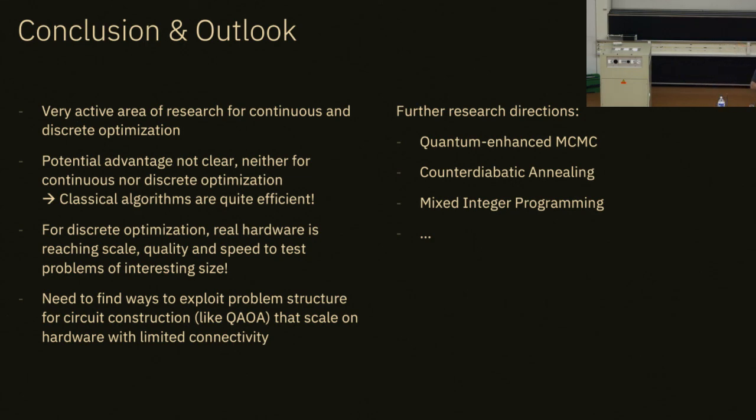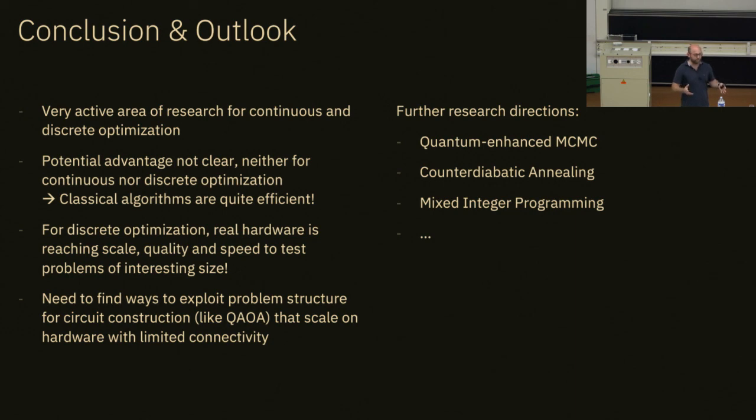Now, I think one of the key open questions is whether we find good ways for certain problems to define good variational ansatz, good circuits that we can use in algorithms like natural SPSA to get good performance. Because in general, we know we cannot get a big advantage. It won't be a solution for all problems.